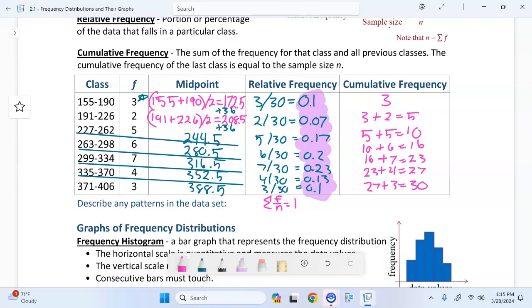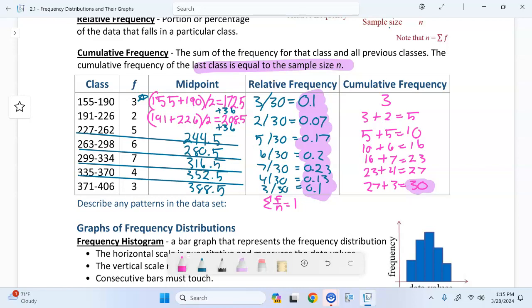And again, cumulative frequency of the last class is equal to the sample size, because we're getting a running total. Once we've run through all the classes, we should have the total.